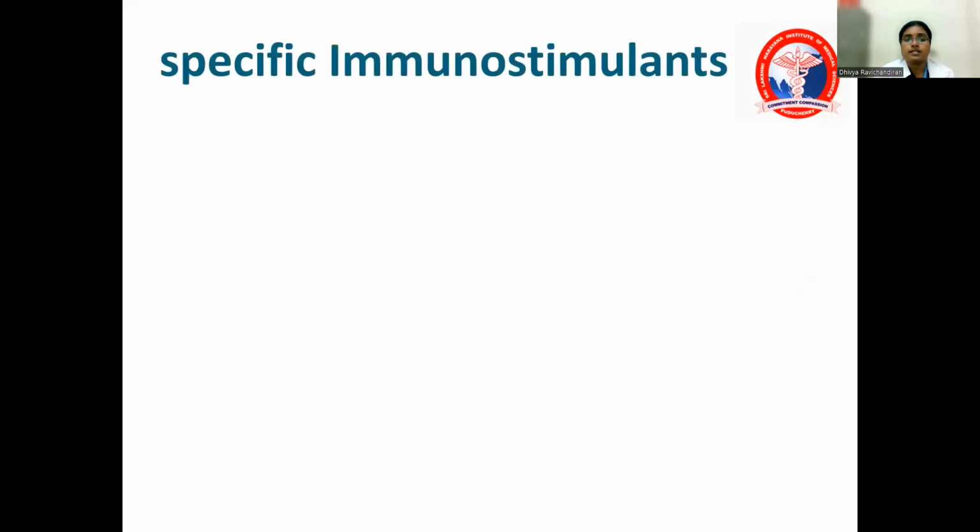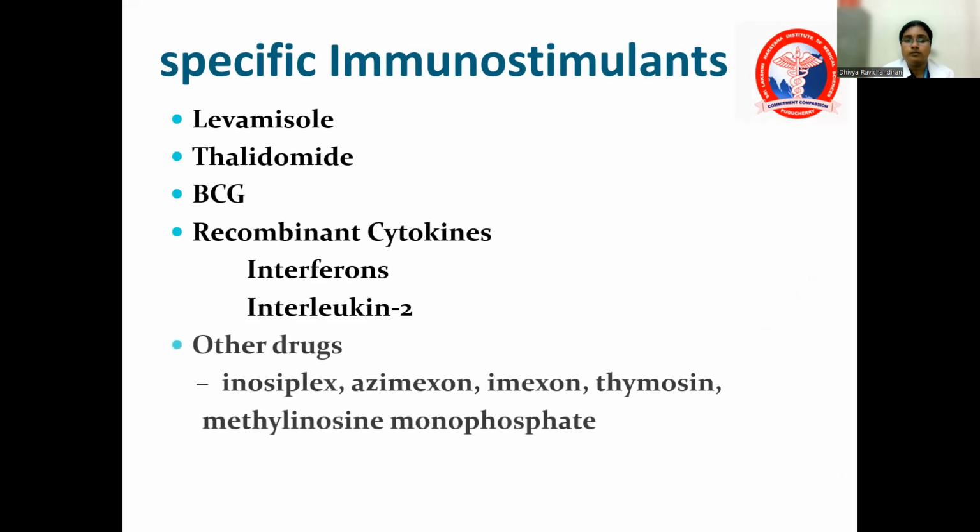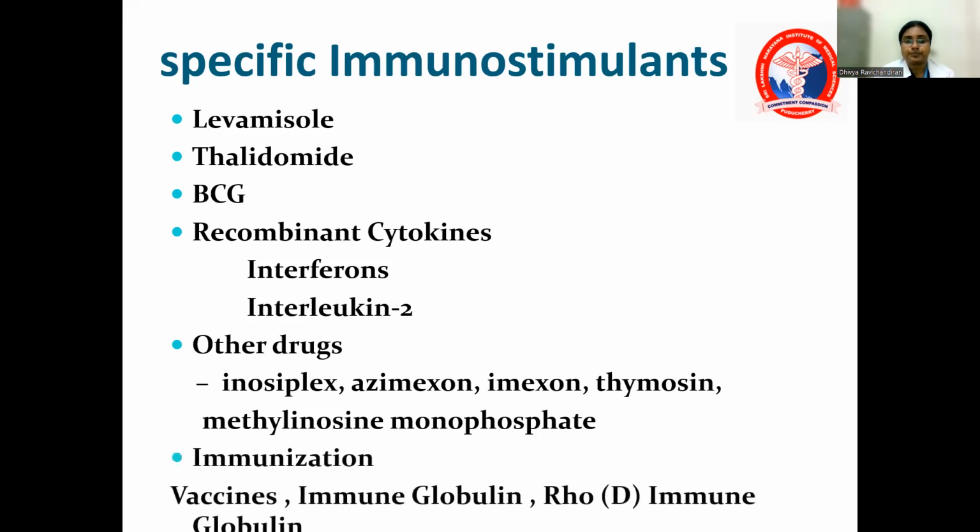Specific immunostimulants are levamisole, thalidomide, BCG, recombinant cytokines like interferons and interleukin-2, other drugs like inosine pranobex, azimexone, imexone, thymosin, and methyl inosine monophosphate, and immunizations like vaccines, immunoglobulin, and Rho(D) immunoglobulin.